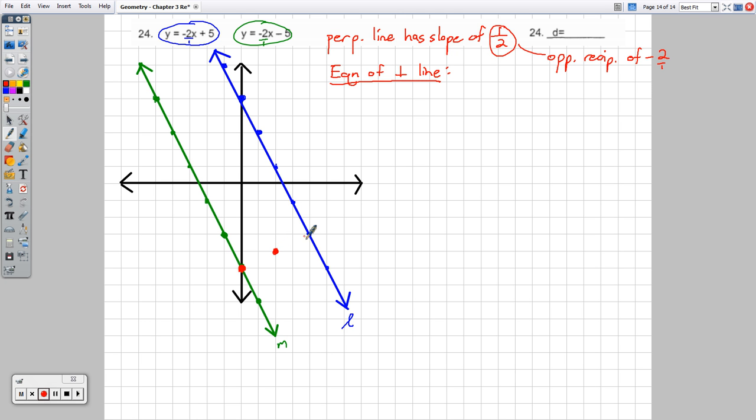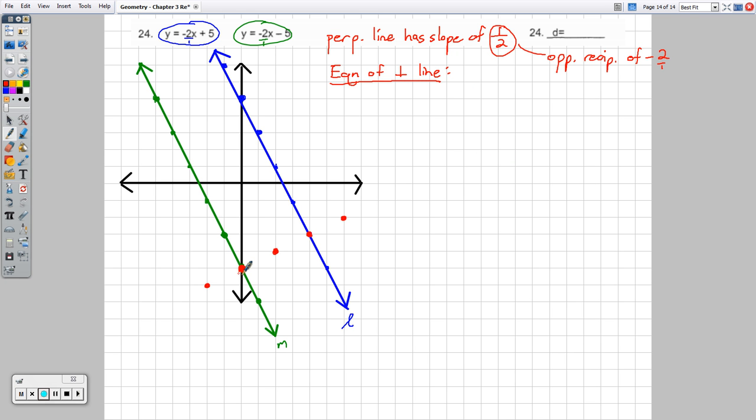I would do that again, up 1, right 2. So it looks like this is where they cross. I actually know that had to be a point on the blue line as well, because that pattern of down 2, right 1 had to work. But I need you to show those steps, how we're getting to there on a test. So we've got the equation of the perpendicular line.